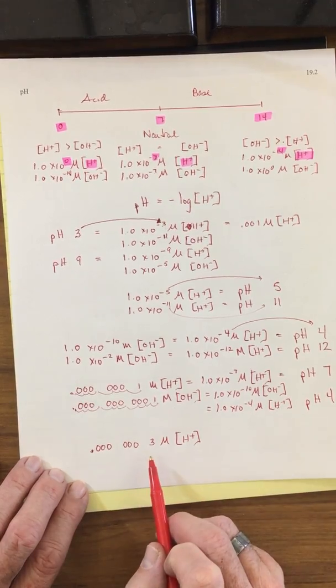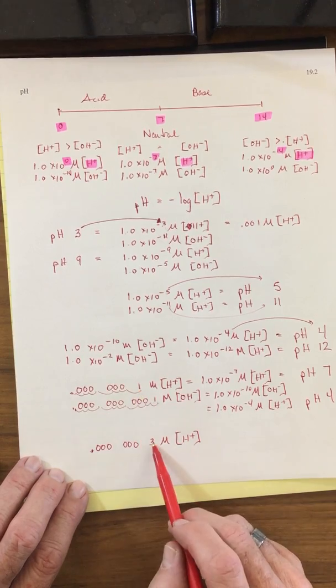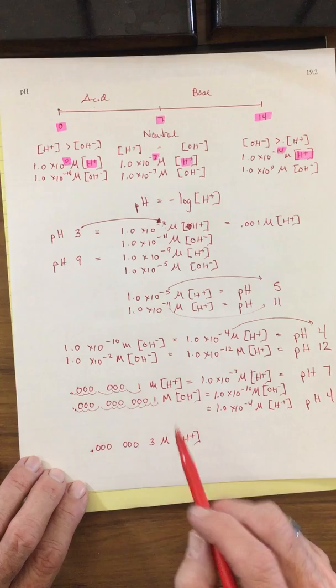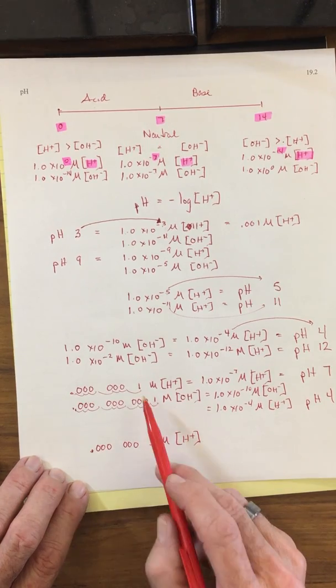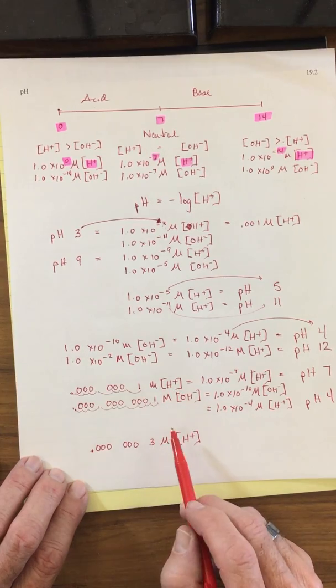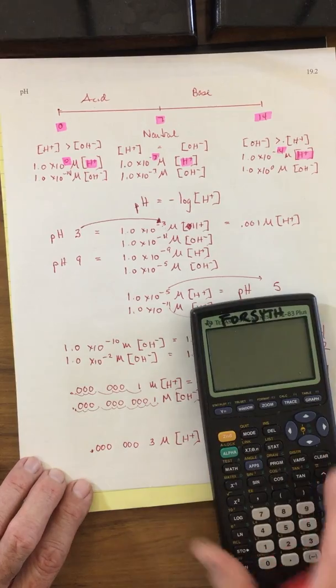Okay, now this is very close to this number right here, but it's actually more. So if we have more H plus, is that going to be more acid or more base? Well, let's see.